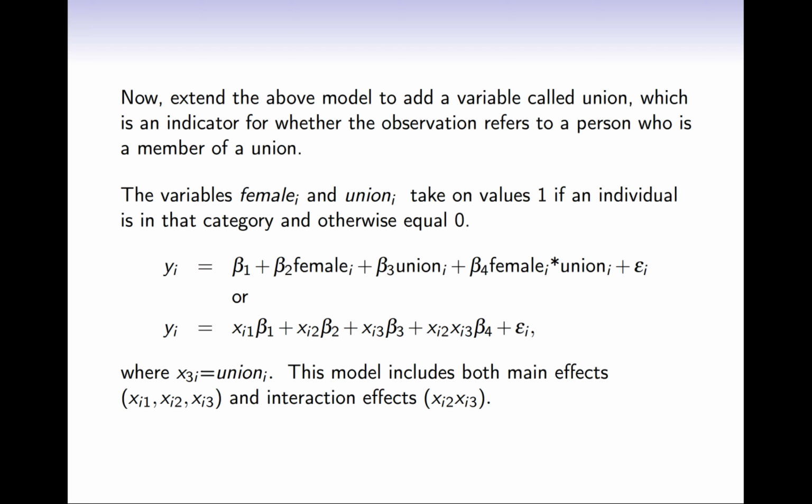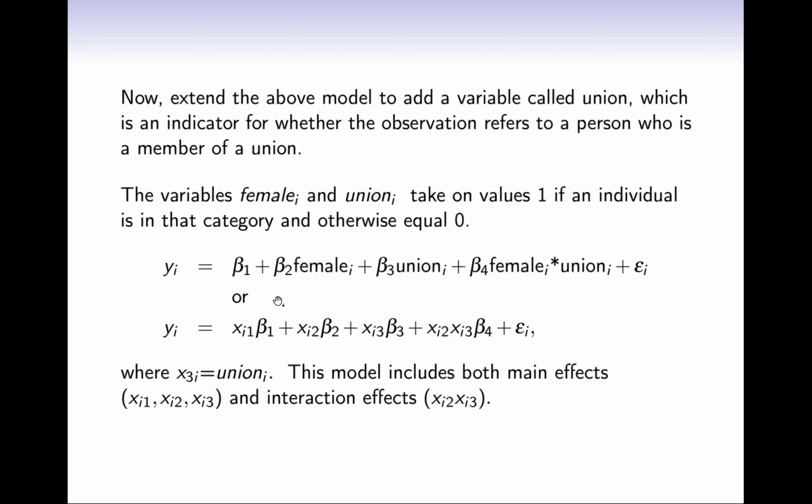Okay, so we can extend this model to add more categorical variables. Categorical variables occur quite often in economic applications because lots of things are categorical. There's actually a pretty big literature in labor economics that tries to estimate the effect of unions on wages.